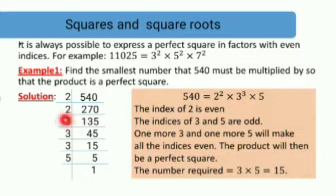Then 3 raised to the power of 3, that is 1, 2, 3. Then 5 once. Now, the index of 2 is even, which is 2. The indices of 3 and 5 are odd. The index of 3 is 3, and that of 5 is 1.